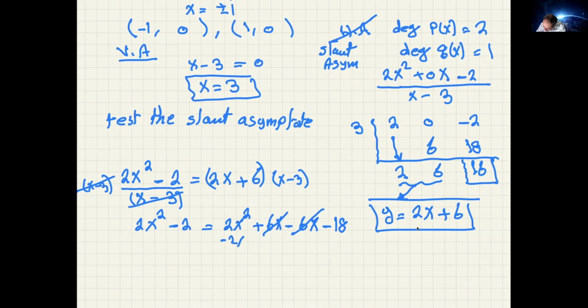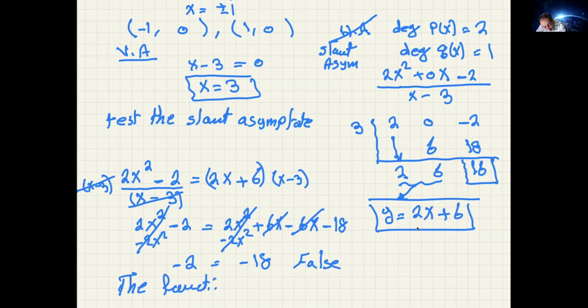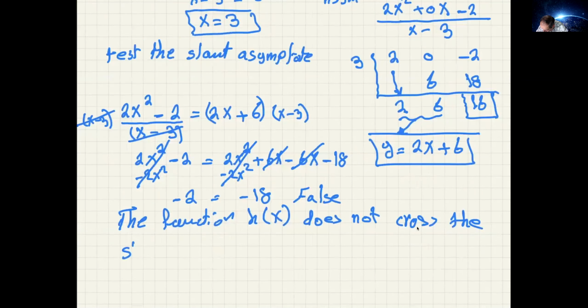If I subtract 2x squared, the 2x squared is cancelled out. So I got negative 2 is negative 18. And this is false. Therefore, the function h of x does not cross the slant asymptote y equal to 2x plus 6.